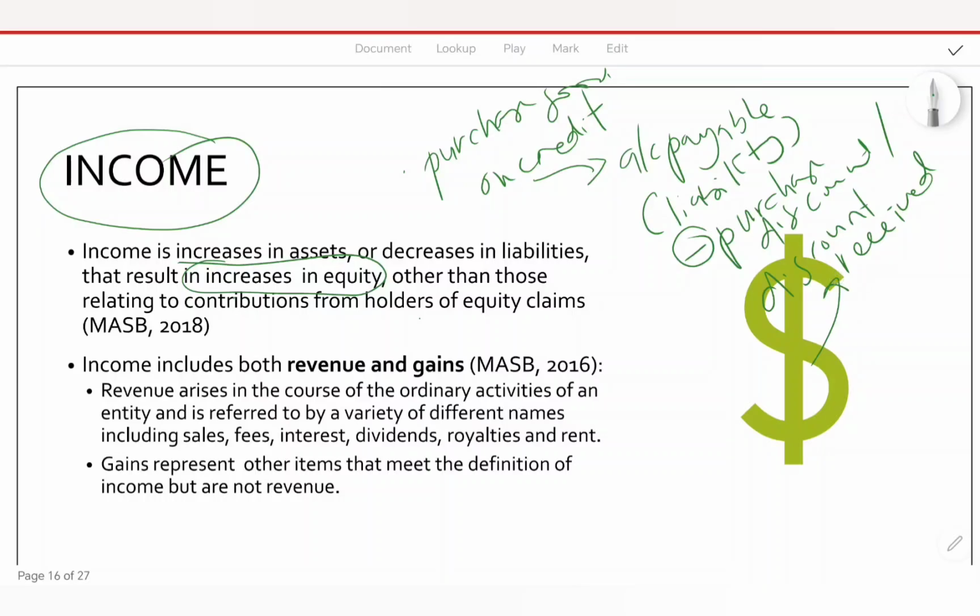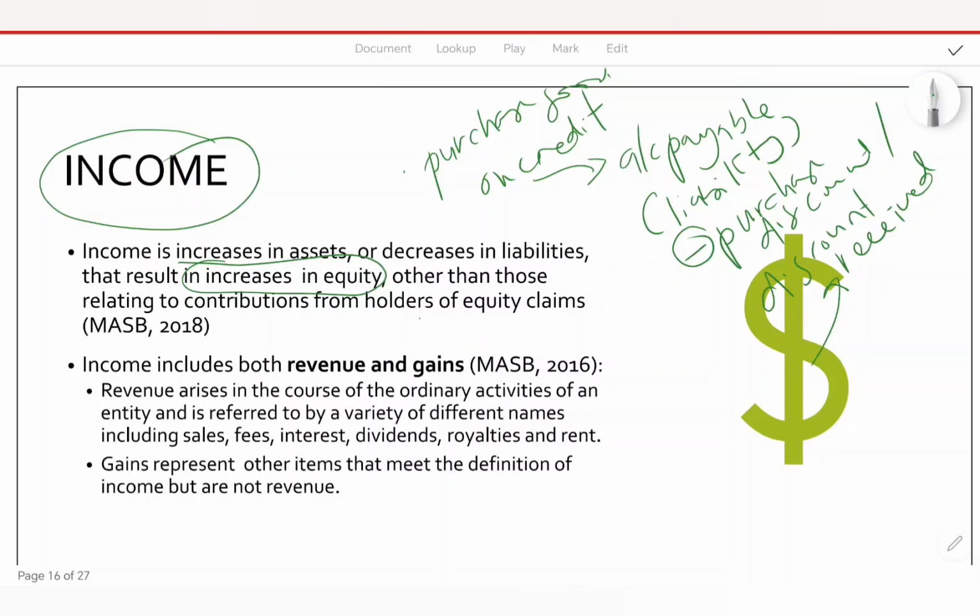All right, other than those contributions directly received from the owner of the business, which is the capital. So income is not a capital. Income includes both revenue and gains.